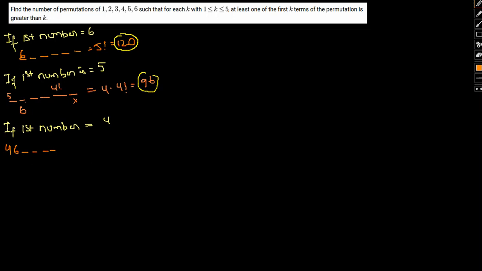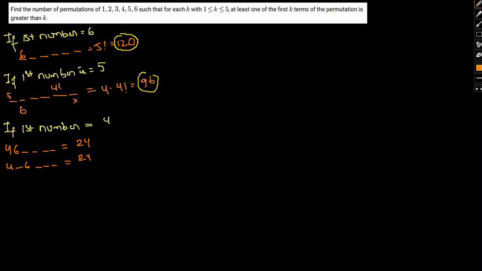This can be done in 4 factorial ways because these two are fixed, so 24 ways. Again, the next one would be 4, dash, 6, which can be done in another 24 ways.